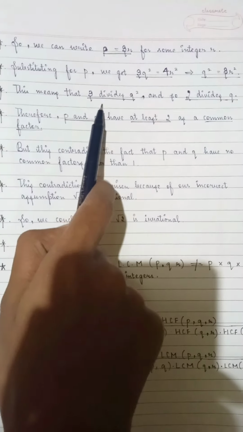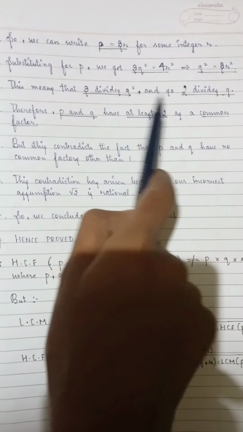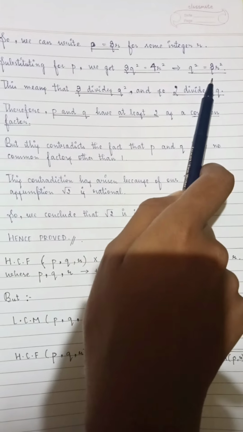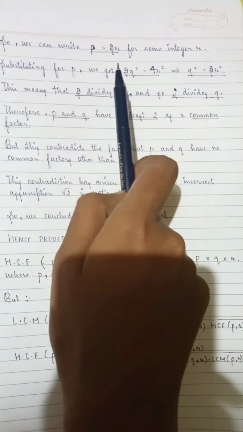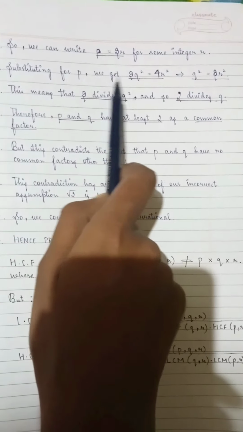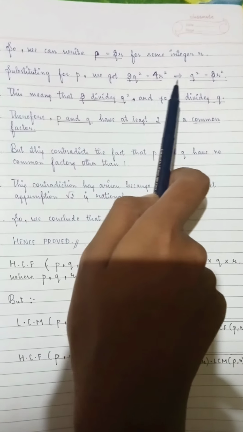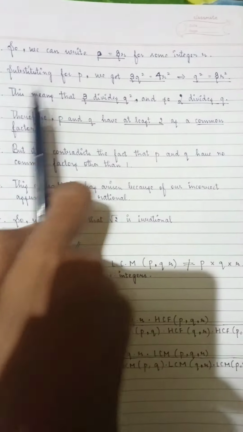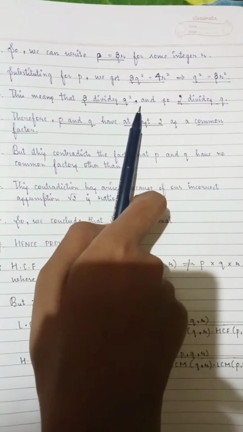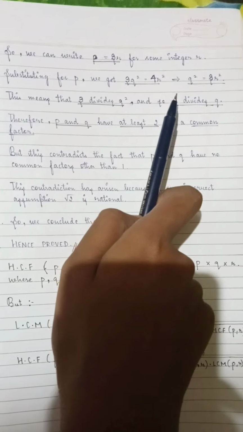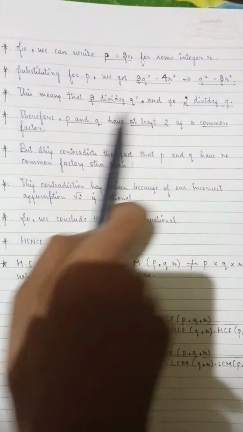This means that 2 divides q square, and so by the previous theorem, Theorem 1.2, we can say that 2 divides q.